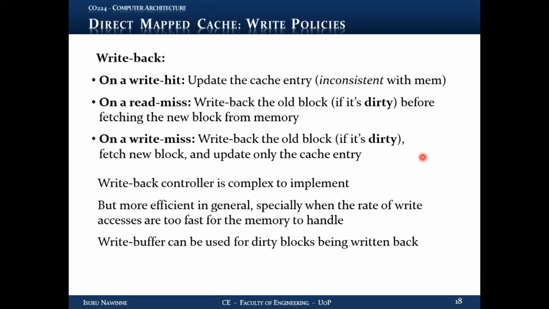In the case of a write back controller, this is going to be very efficient because we are not going to write to the memory all the time. We only update the cache, and cache is quite fast. Only when a block has to be replaced, you send that old block to the memory, and again only if that old block is dirty. So you're reducing the write traffic to the memory significantly.